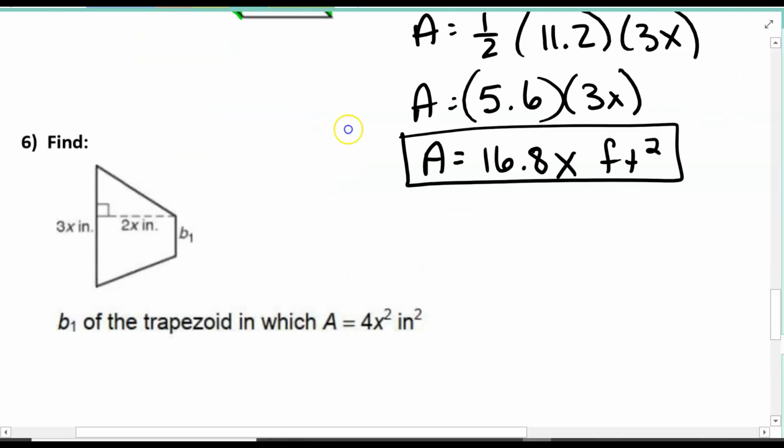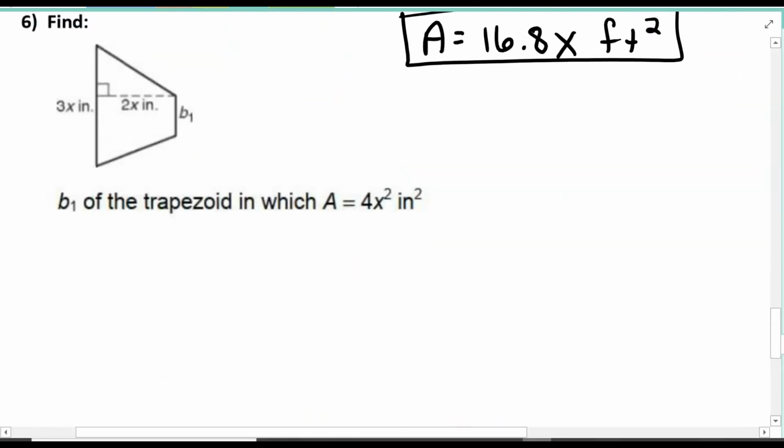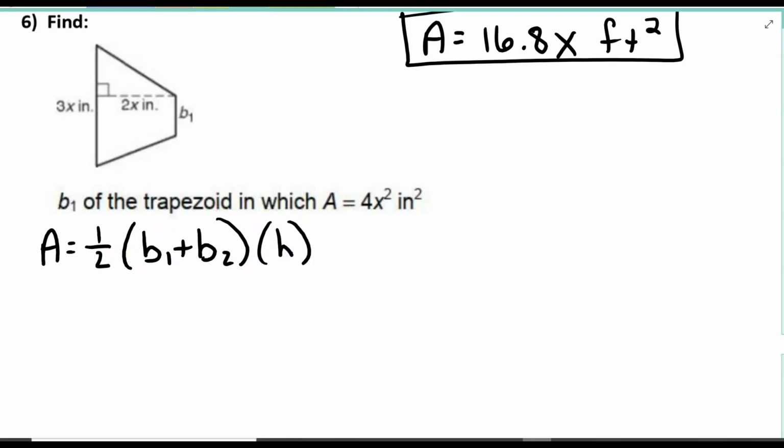Next question. Start off with your formula. Area is equal to 1/2 base 1 plus base 2 times height. I'm given one base and I'm told to find the other.